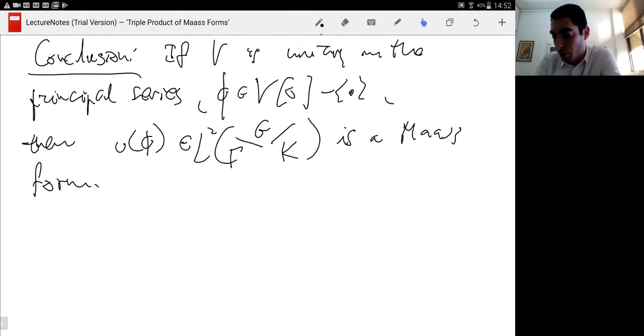Okay, so we managed to tie together the slightly analytic flavor of the theory we had of Maass forms with abstract representation theory.